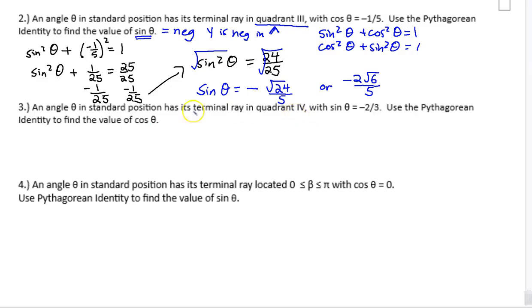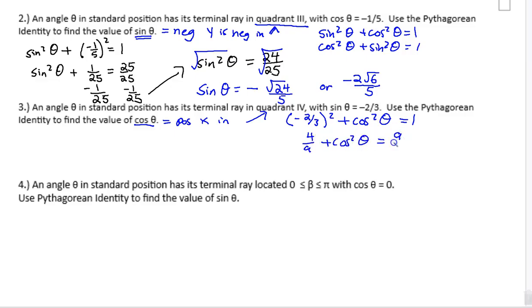Okay, now we are in quadrant 4 and we are looking for cosine. Now cosine is positive. We have a positive x in quadrant 4, so we'll keep that in mind. So here we go. Sine squared plus cosine squared equals 1. 4 over 9 plus cosine squared.